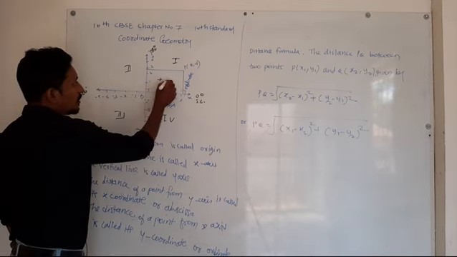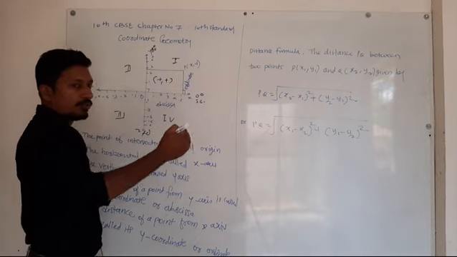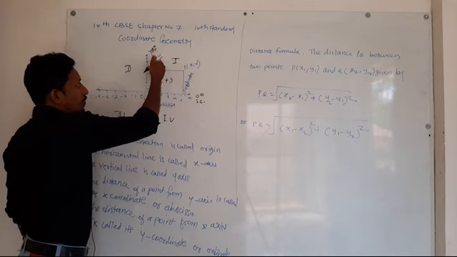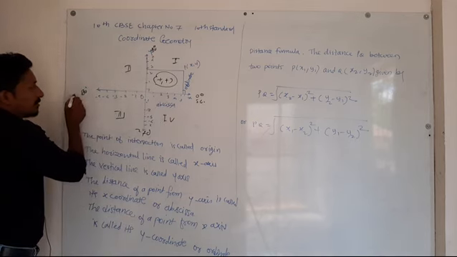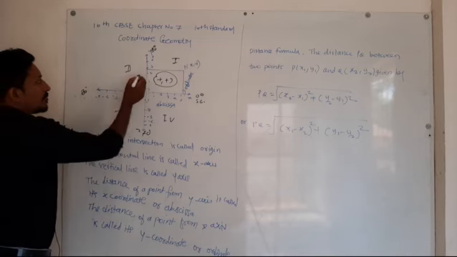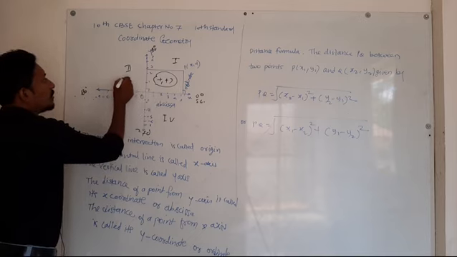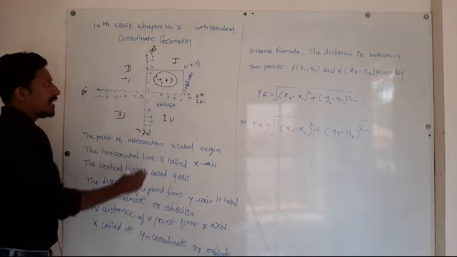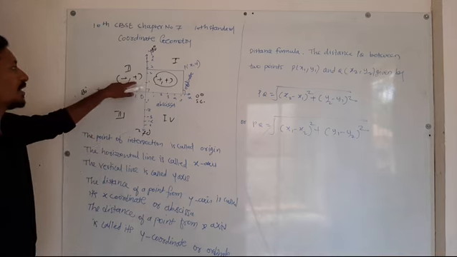In the first quadrant, the x-coordinate and y-coordinate are both positive. In the second quadrant, the x-coordinate is negative and the y-coordinate is positive.